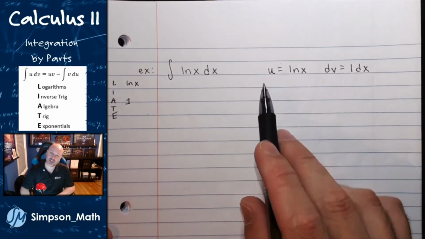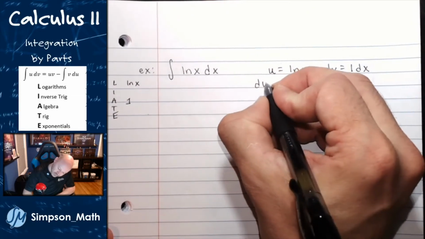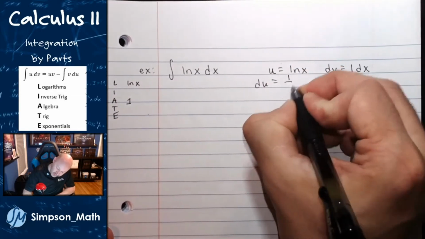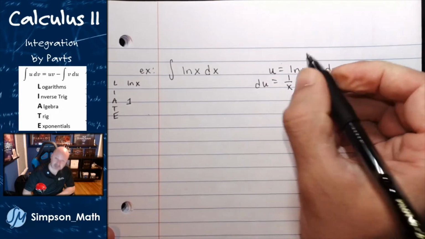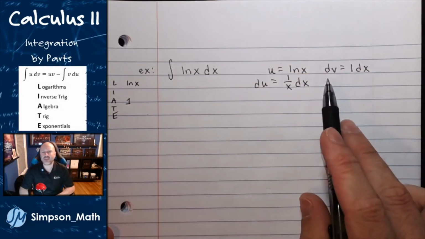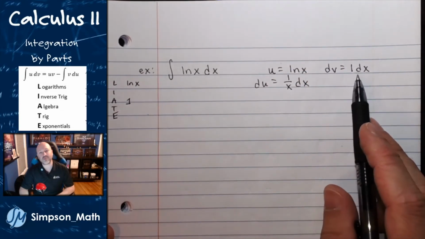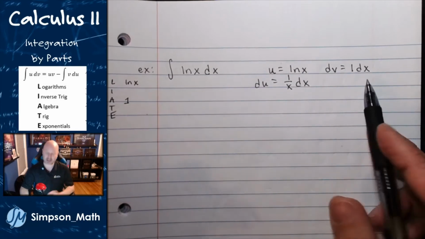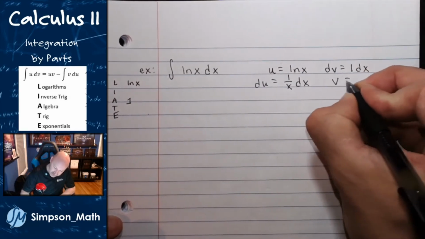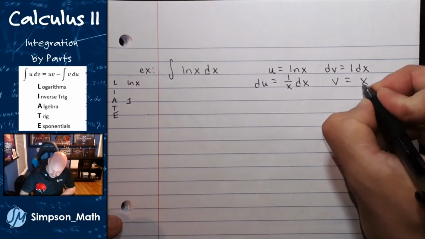I need to differentiate u. I said earlier, I know that one. That's 1/x dx. And then if I integrate 1 with respect to x, that's just going to pop out an x. So v is simply x.